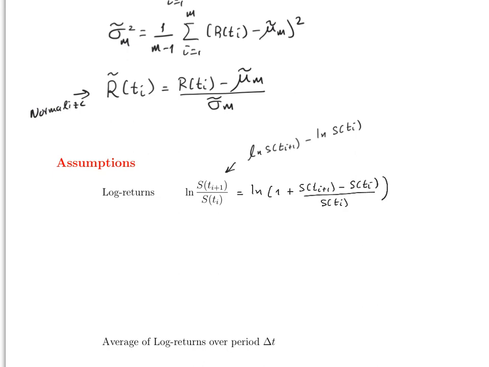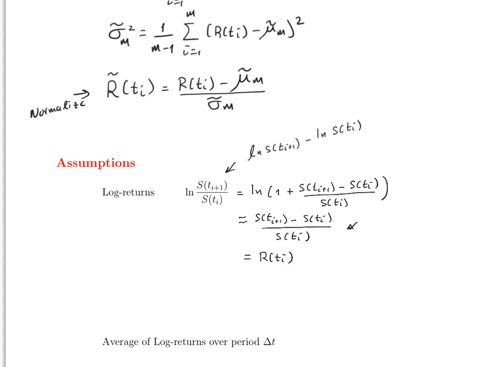Okay. The only reason why we did this is that if the increments or the time step is very small, this is approximately equal to s of ti plus 1 minus s of ti divided by s of ti, which, remember, is the definition of the daily returns.